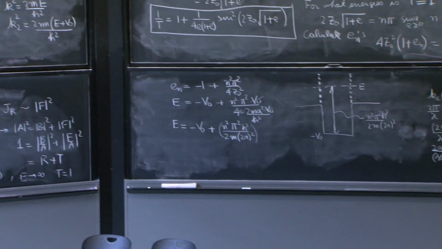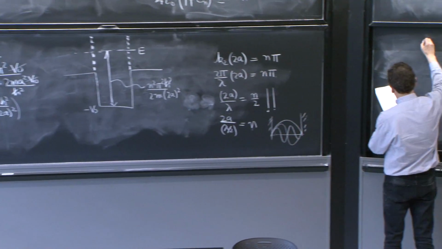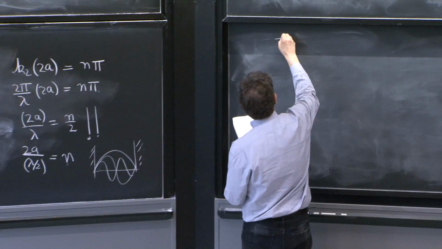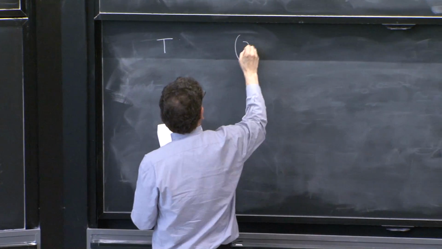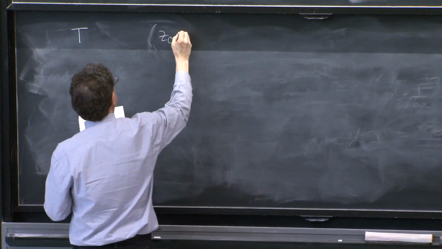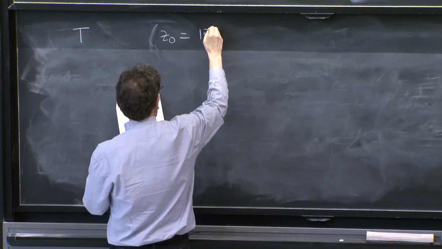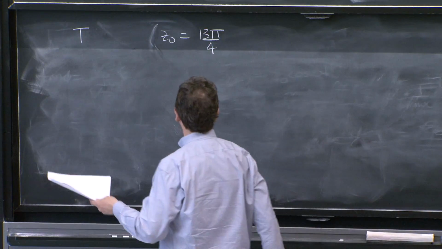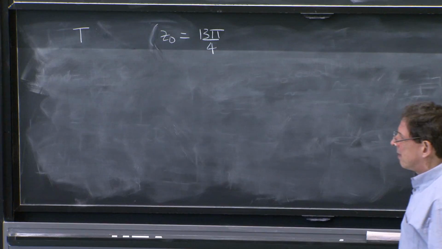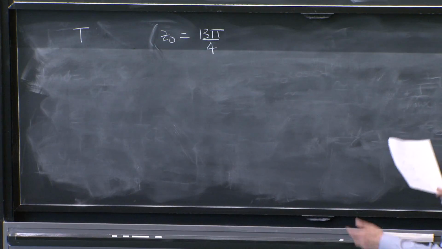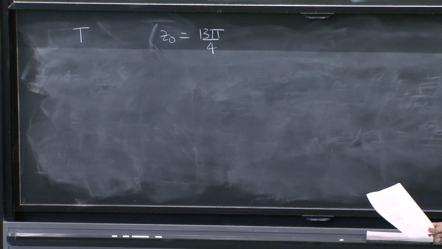If you have a potential, the transmission coefficient for a potential where Z naught is equal to 13 pi over 4. That's a square well of certain depth, and we've represented it this way.